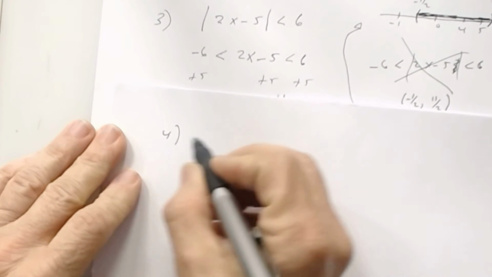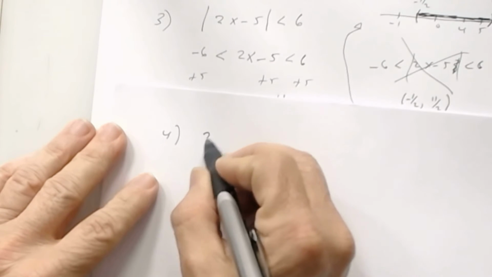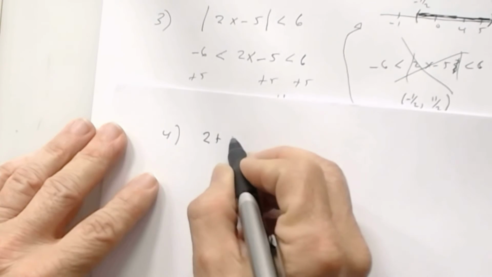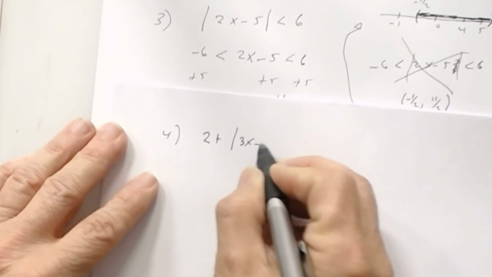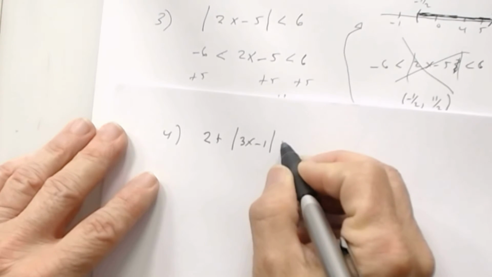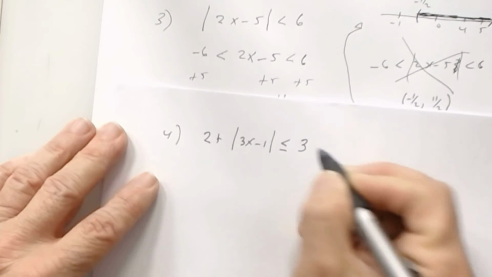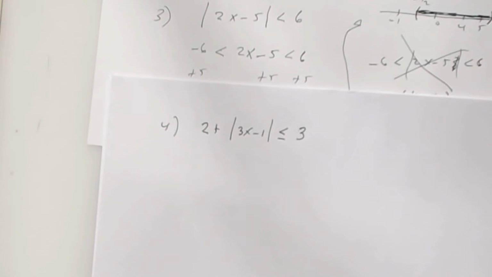This is number 4. 2 plus the absolute value of 3x minus 1 is less than or equal to 3.